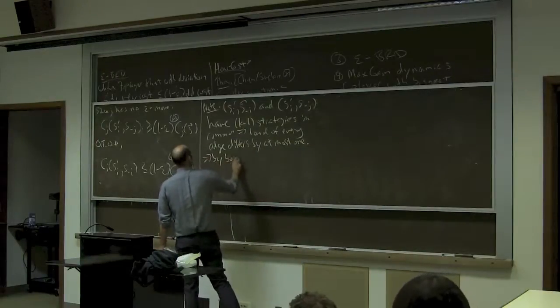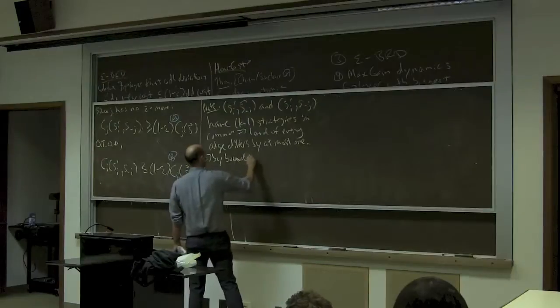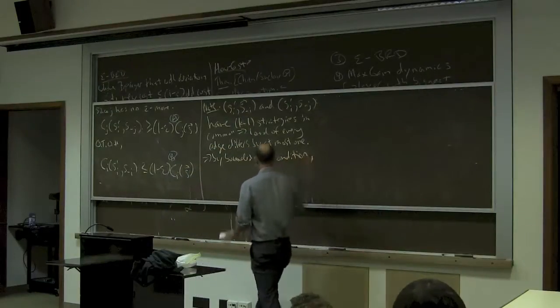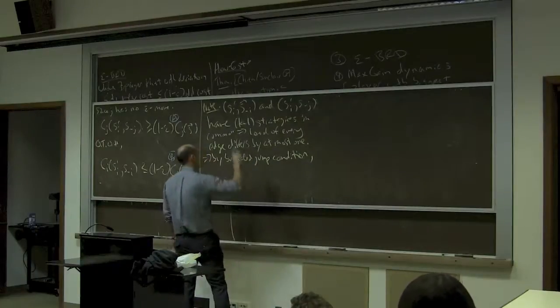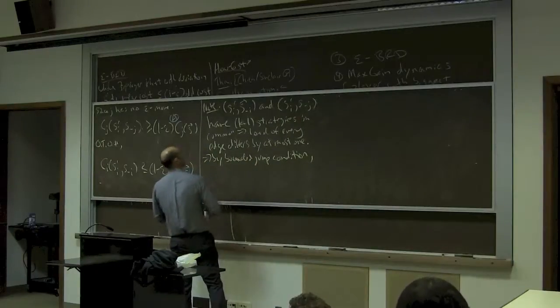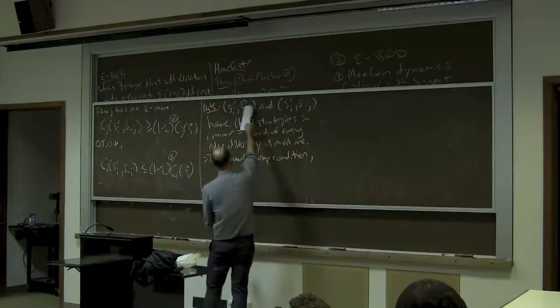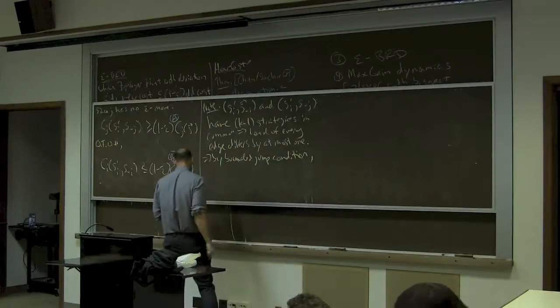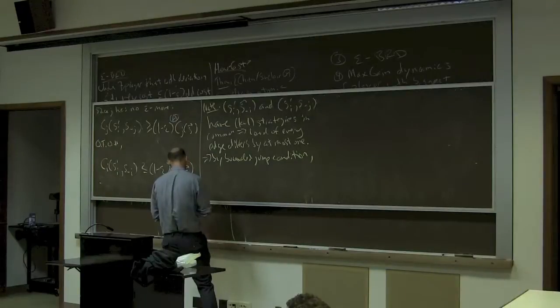So by the bounded jump condition, the way I want to do it is to say that in the outcome where J switches, the costs are at most an alpha factor higher.